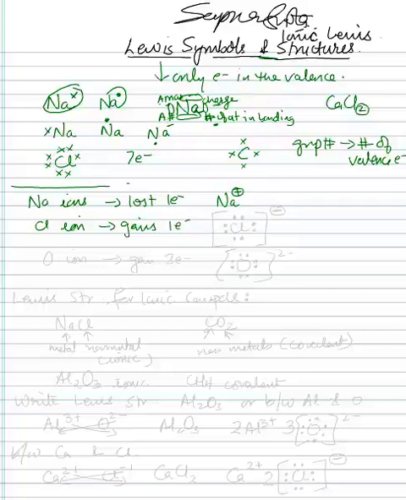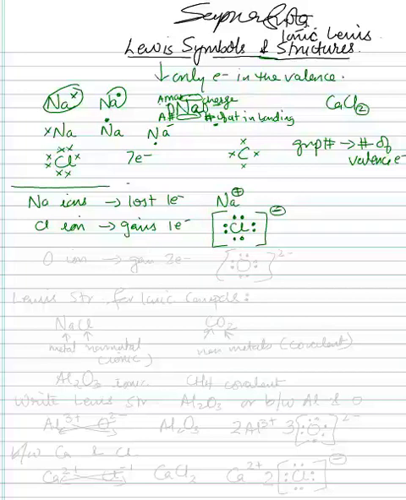So for the chloride ion, you would write Cl, and then the dots: 4, 5, 6, 7, 8 electrons, because chlorine already had 7 electrons and now it got 1 more. For anions, you have to put square brackets around them and put the charge outside, so that you know that it's actually an anion.